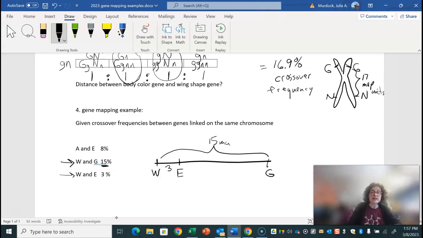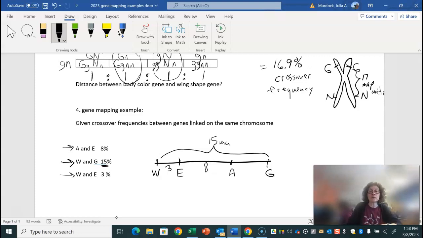And now I just need to add the letter A. So where would A be on my map? Well, it's 8 units away from E. So you have a choice. You could put A over here and say that this is 8, and that would be a right answer. That would be fine.